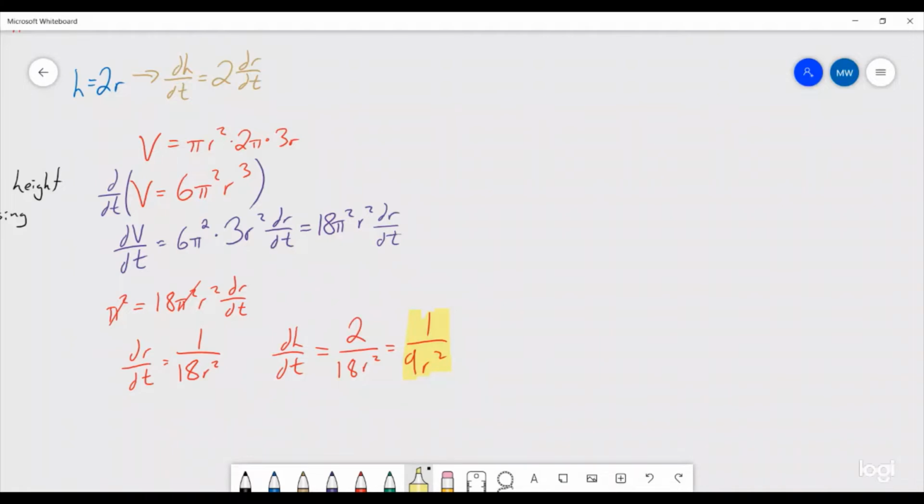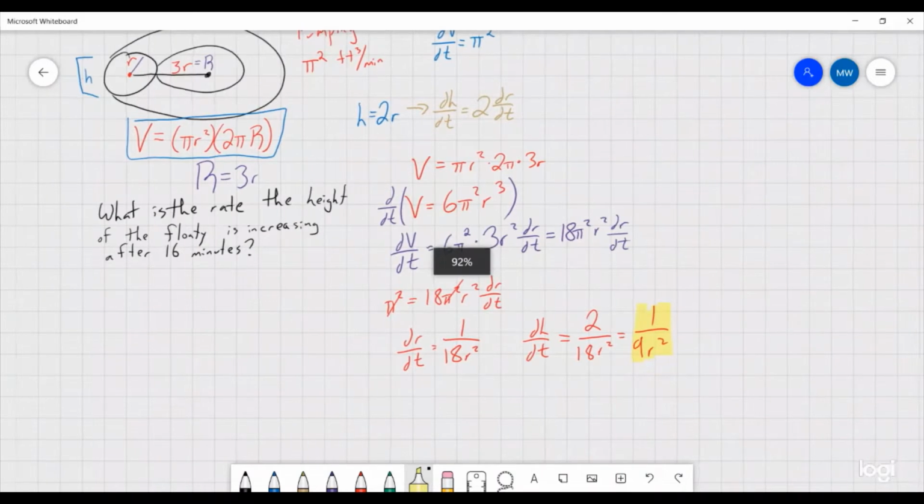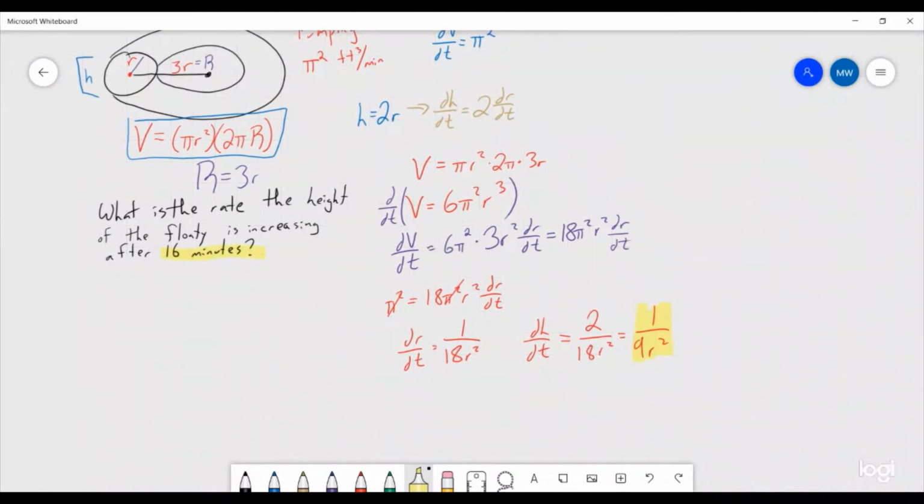Well, that's great, but we are wanting this after 16 minutes. So we need to know what the volume is after 16 minutes. Well, the volume after 16 minutes is going to be equal to 16 times the pi squared cubic feet per minute. So there are 16 pi squared cubic feet of air inside the floaty at 16 minutes, and we can solve for what r would be.